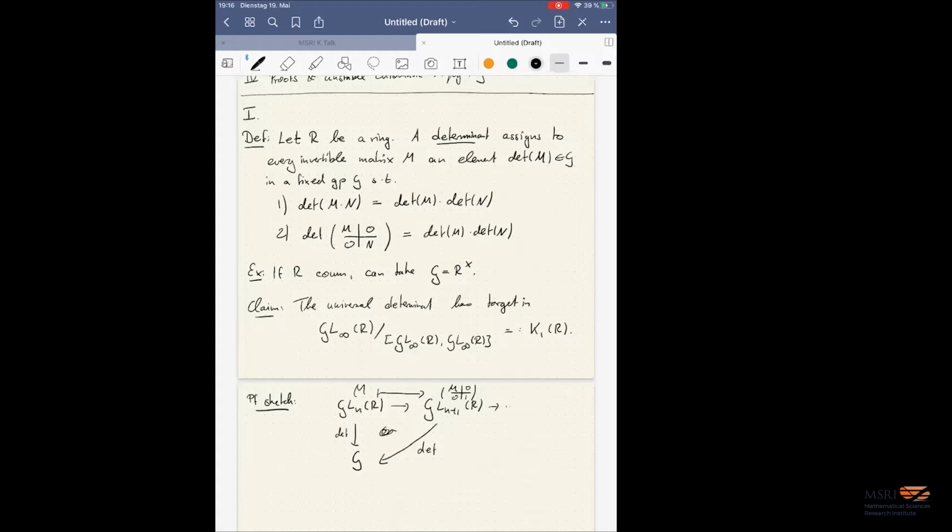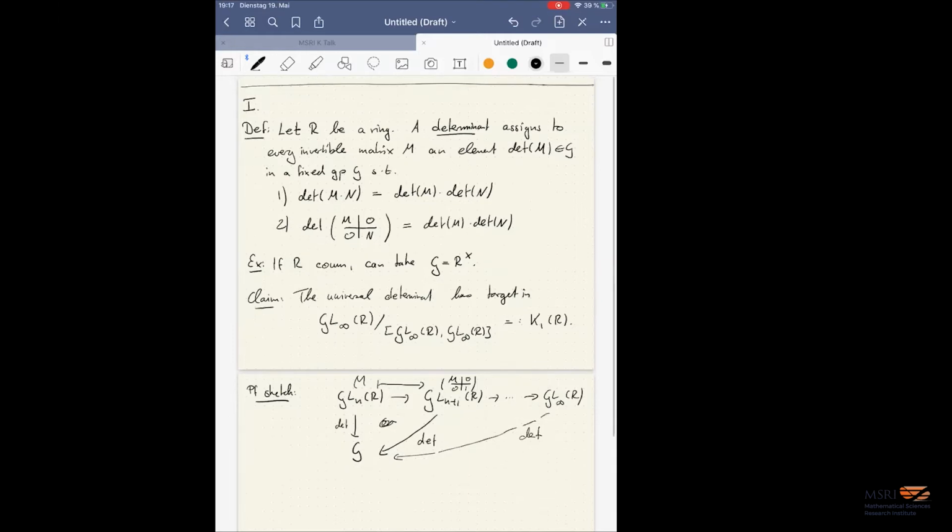So we can go to the colimit and get a determinant here. GL infinity R is defined as the inductive limit, or colimit, of the GL_n R.